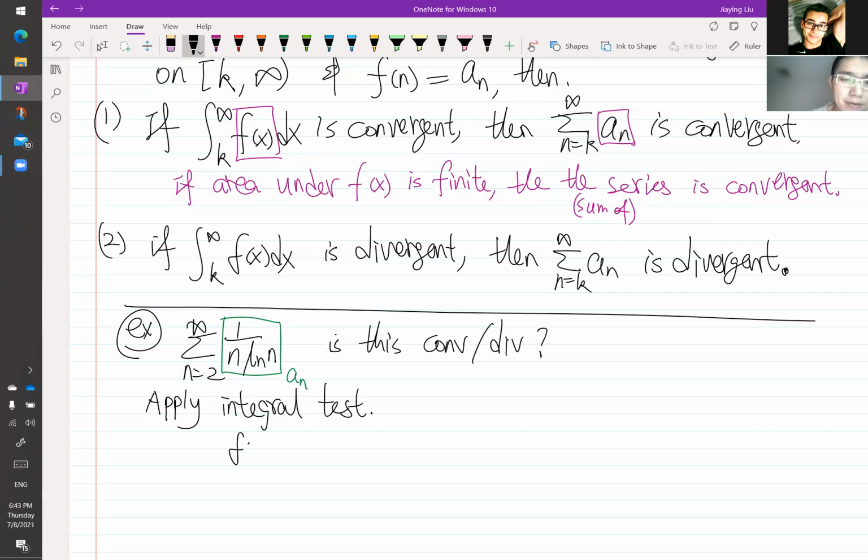So f of n is a_n, therefore f of x is just a_n with the n being replaced with x. So that is 1 over x natural log of x.